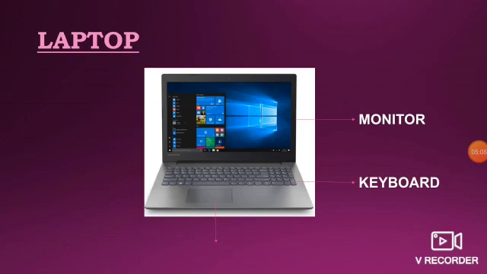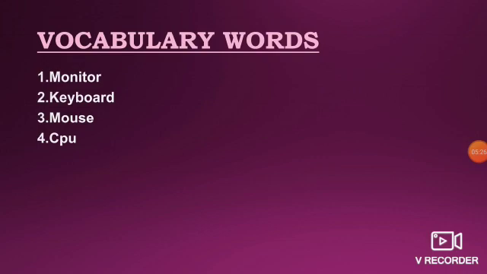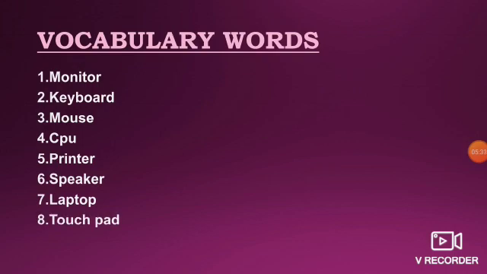It will be inbuilt. You can use your finger to work on it, that is nothing but the touchpad, and you will have the inbuilt CPU. Next we can move to the vocabulary words: monitor, keyboard, mouse, CPU, printer, speaker, laptop, and finally touchpad.